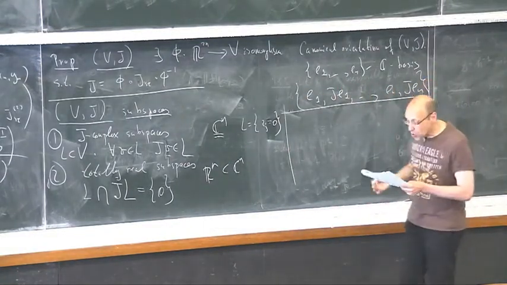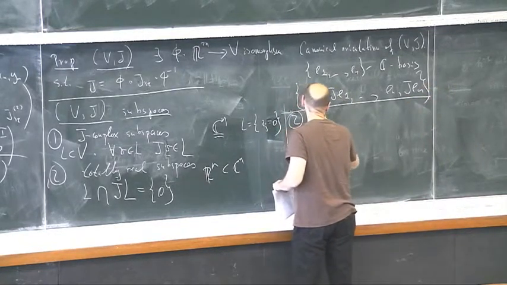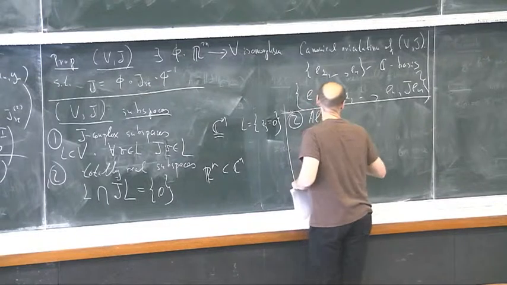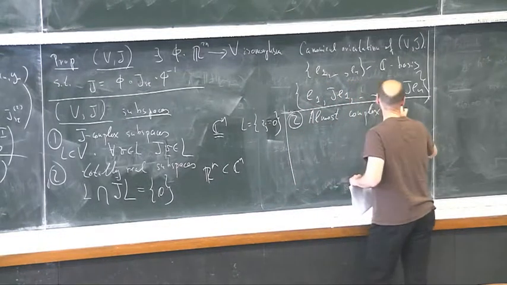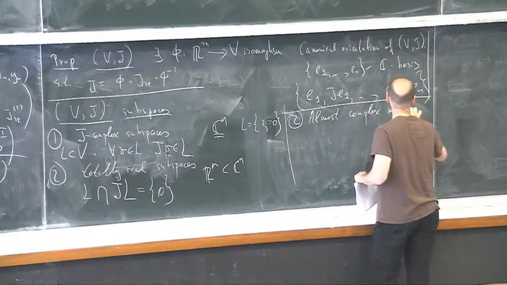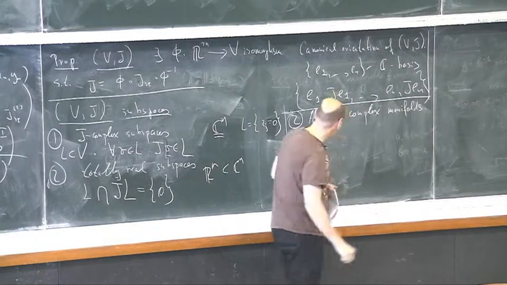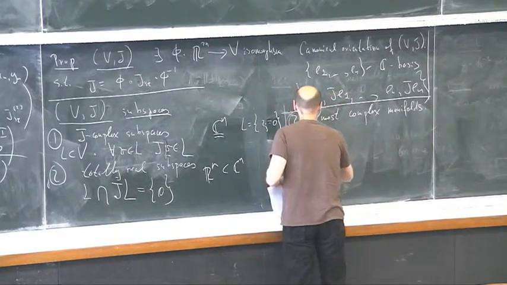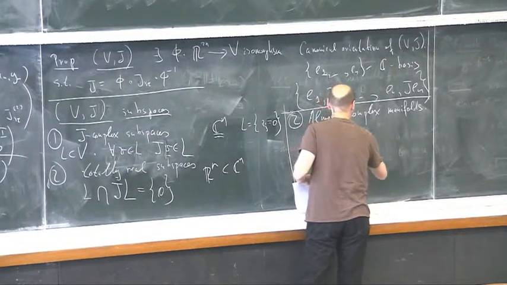So now, almost complex manifolds. Suppose that you have a manifold M, which is real, of dimension 2n.